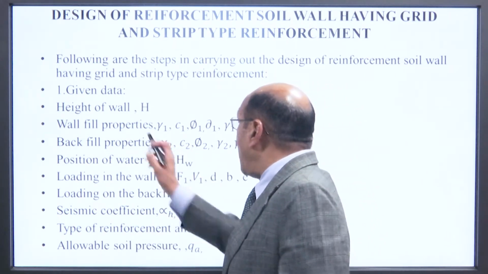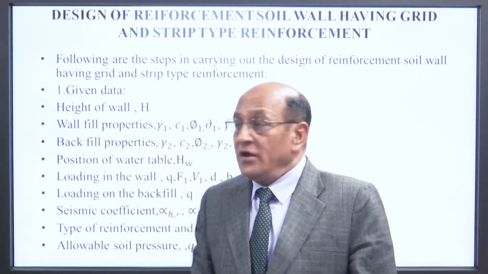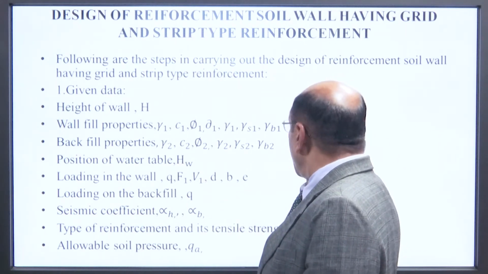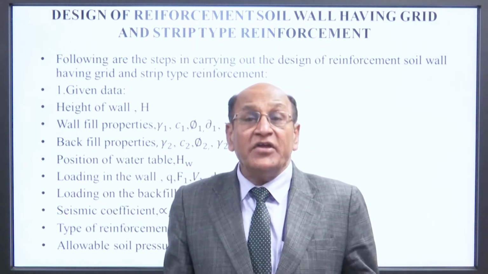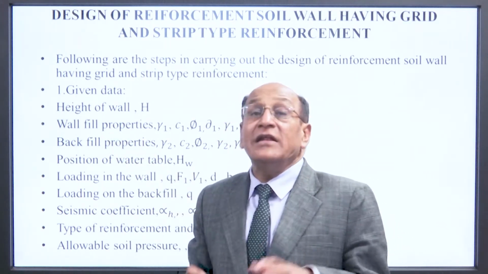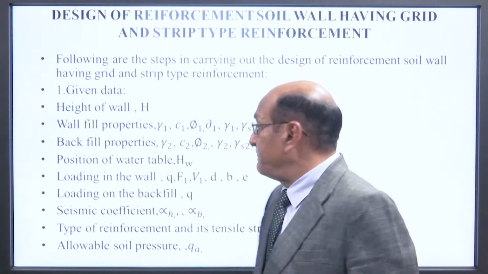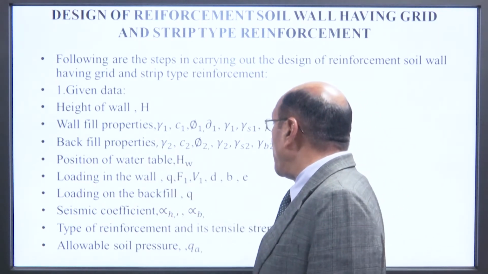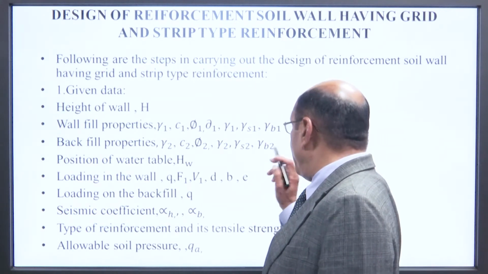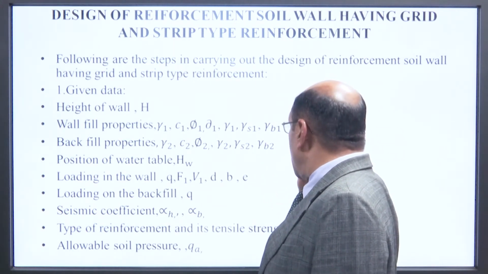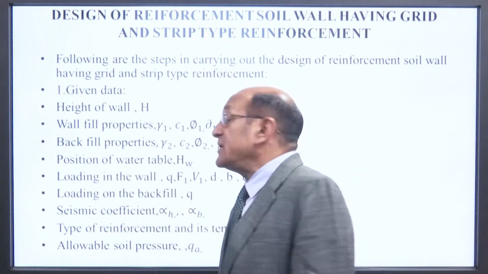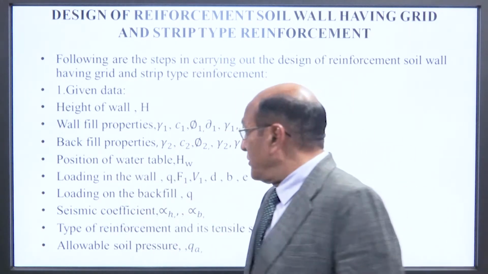Here the wall fill soil properties will be gamma 1, C1, phi 1, delta 1, gamma S1 and gamma B1. These are the parameters for the wall fill soil. Now the backfill properties have gamma 2, C2, phi 2, delta 2, gamma S2 and gamma V2. The position of the water table is SW.